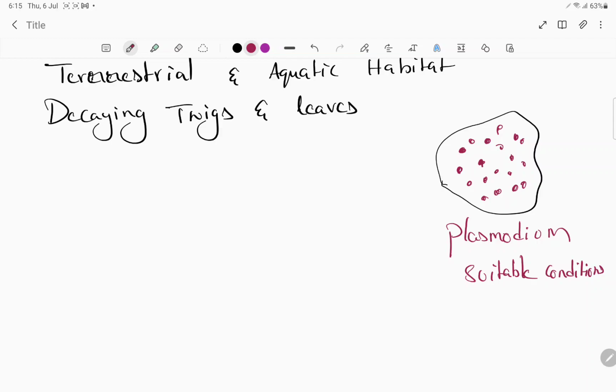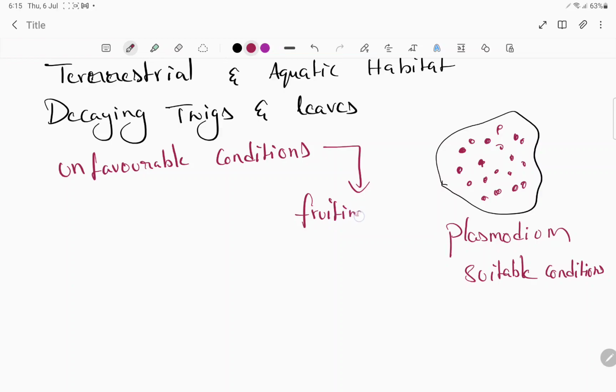Under unfavorable conditions, they emerge as fruiting bodies and produce spores. They may grow and spread over several feet.